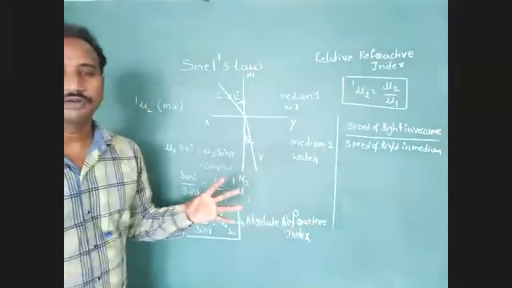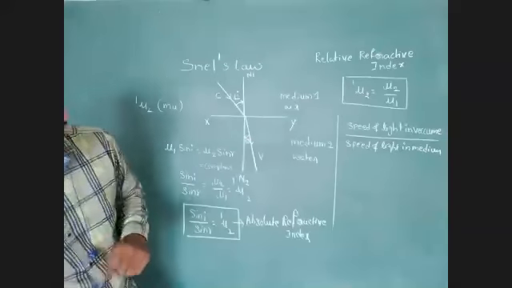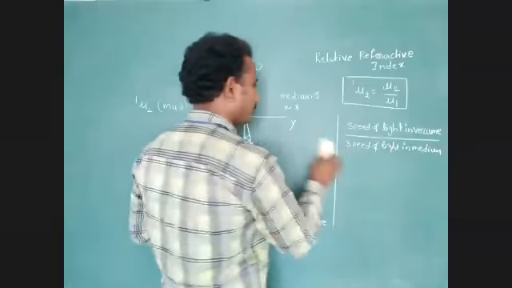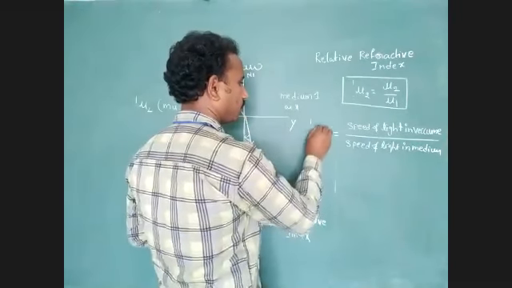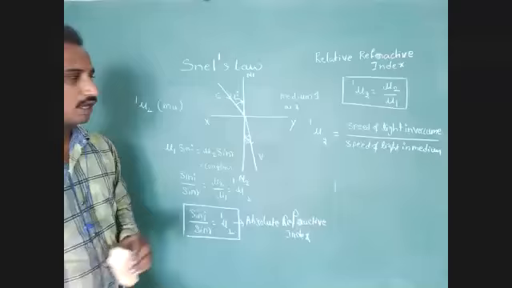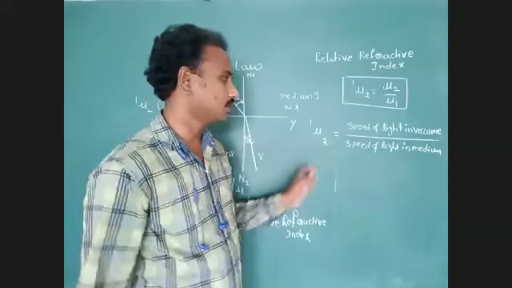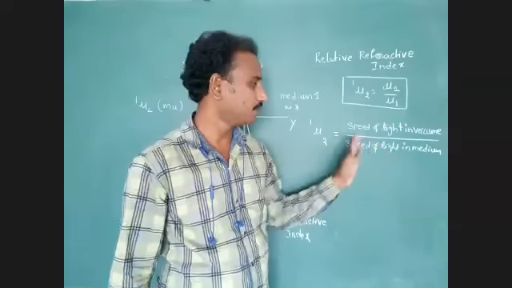That is equal to the refractive index, the absolute refractive index. So we represent that absolute refractive index as 1mu2. Understood? Absolute refractive index is nothing but the ratio of the speed of light in vacuum to the speed of light in the medium.